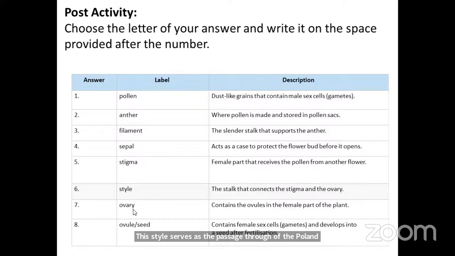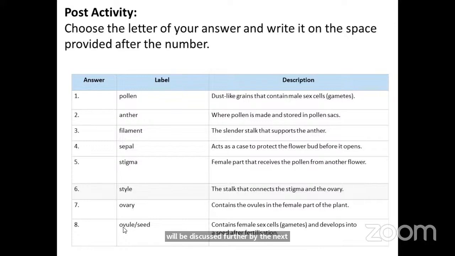And the ovary of the flower contains the female sex cells, which are the ovules and other nuclei present in the ovule. The different cells found in the ovule will be discussed further by the next presenter, Ma'am Christine, next week.